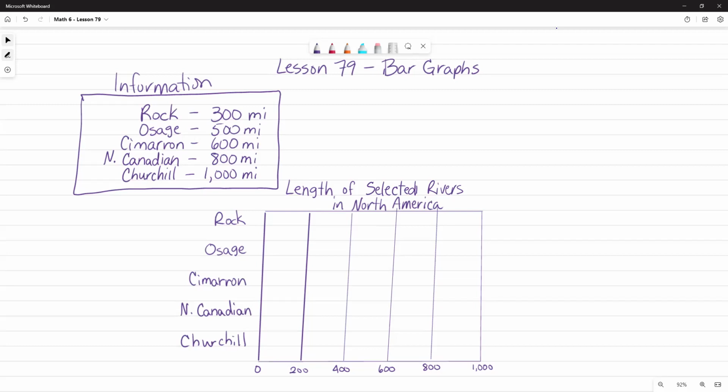But the bar graph is just sort of a visual picture representation of information or data. So there are different parts to a bar graph, just like we had with a pictograph. The first one is you still always have a title.